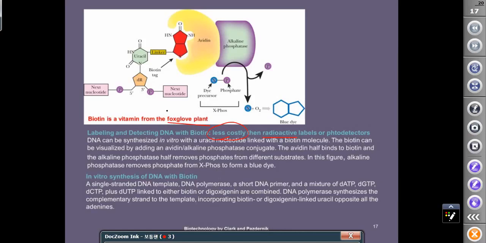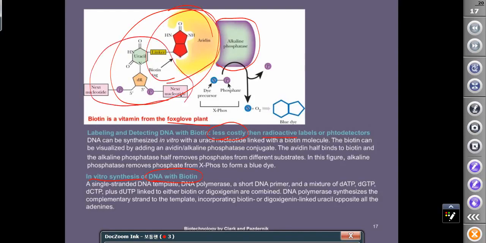You don't need to know all the details about that, but overall, you can synthesize the DNA attached with biotin. Biotin can be manipulated in many different ways. You can attach another enzyme. This whole structure is biotin here, and from here, biotin tags the uracil nucleotide.